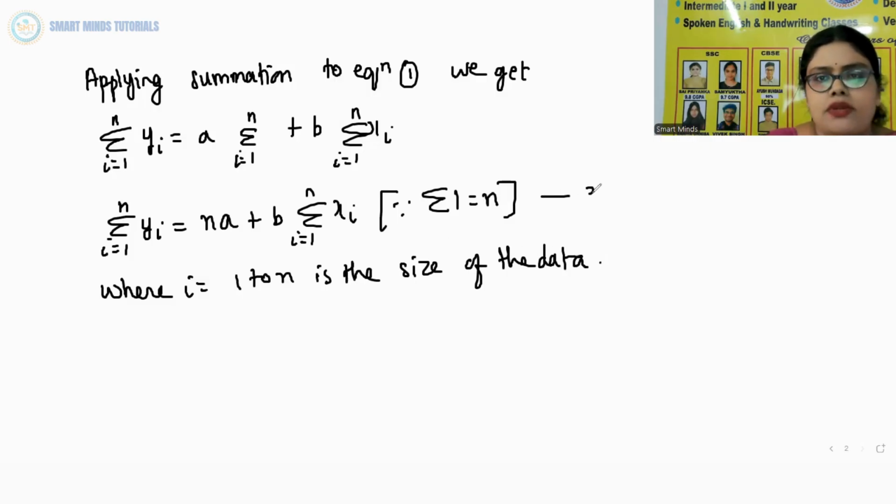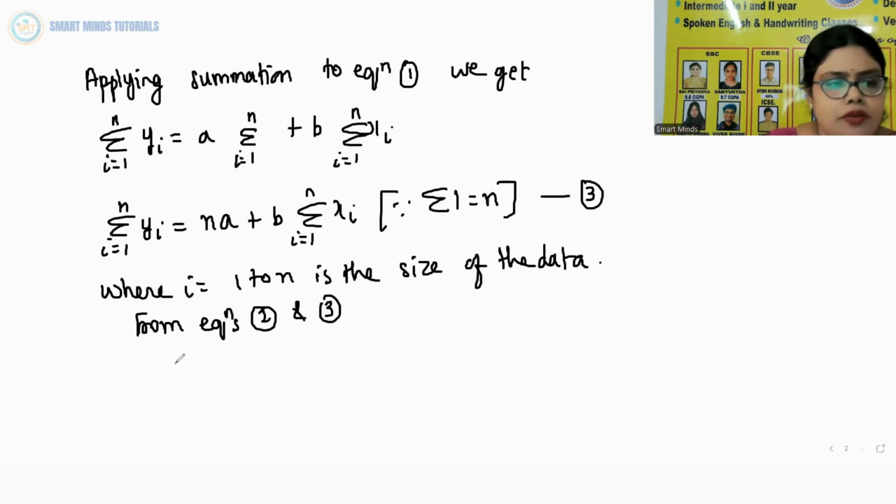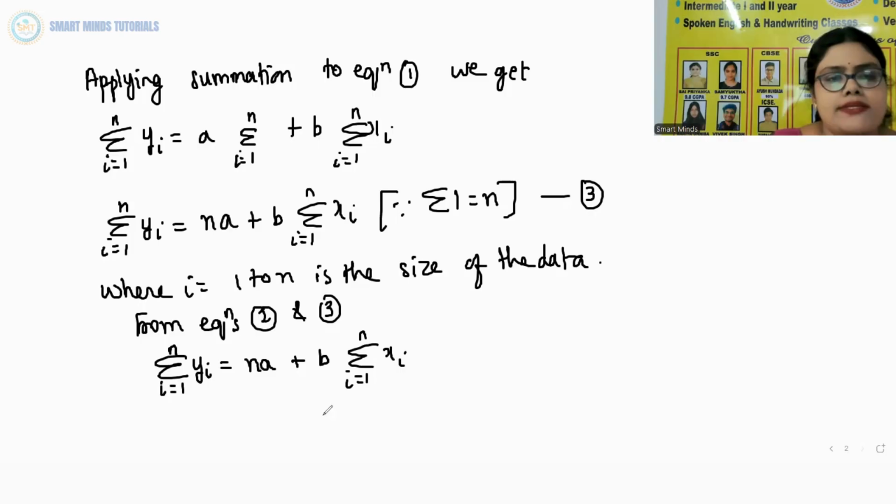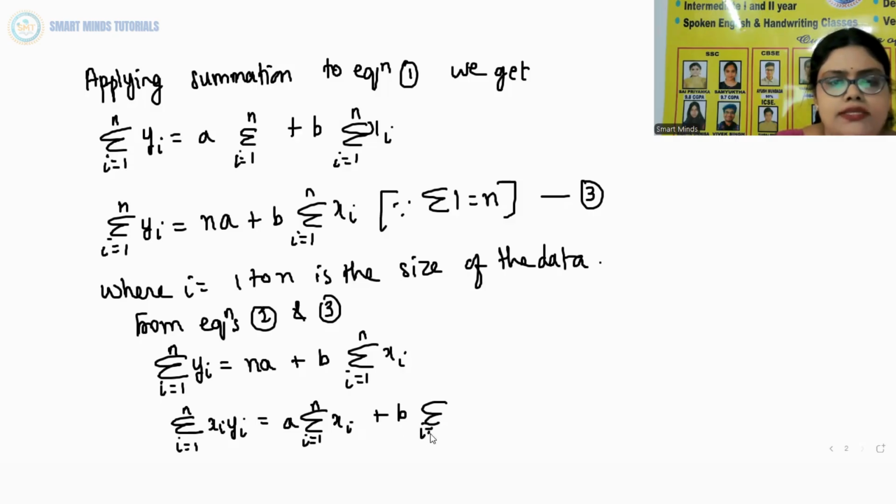Now let's say this is equation number 3. So from equations 2 and 3, what do you get? Sigma i = 1 to n yi = na + b sigma i = 1 to n xi. Again we are multiplying by xi on both sides: sigma i = 1 to n xi yi = a sigma i = 1 to n xi + b sigma i = 1 to n xi².